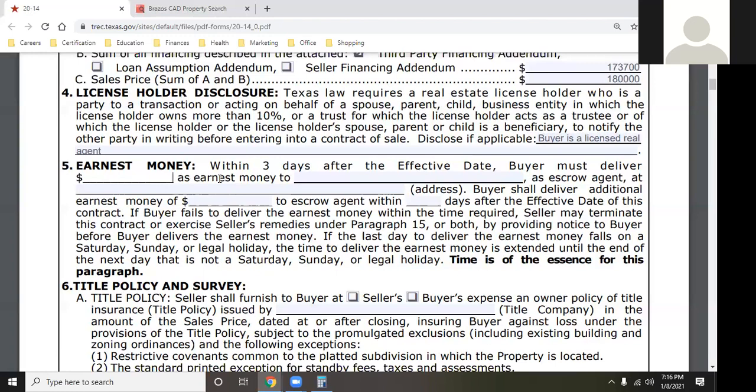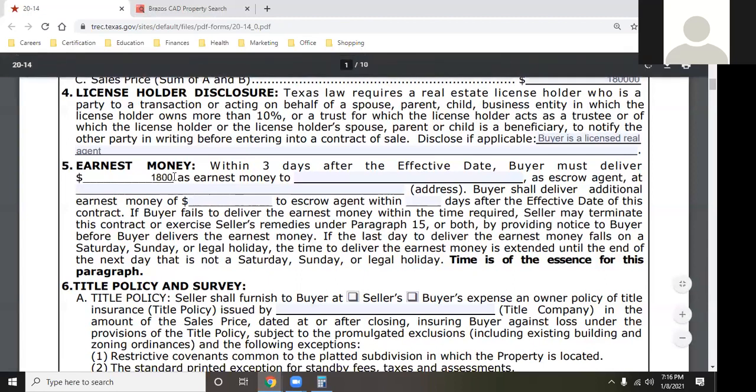Now, what do we say the best idea for earnest money should be? 1%. Mr. Grossman, what's 1% of $180,000? $1,800. And he's using University Title Company.